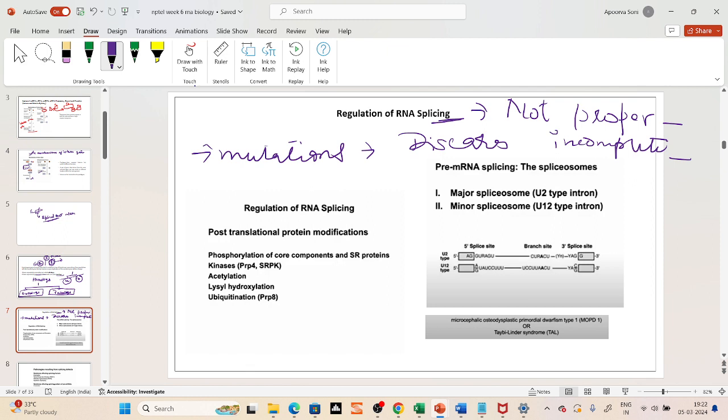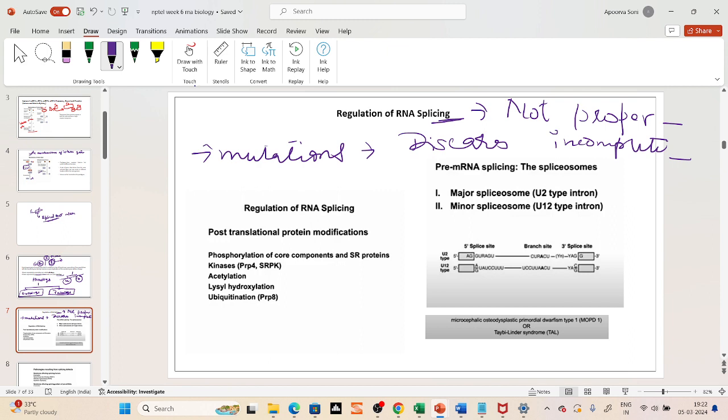So that is why in our body, RNA splicing is very well regulated by some kinds of modification that happen after or during RNA splicing. What are those modifications?